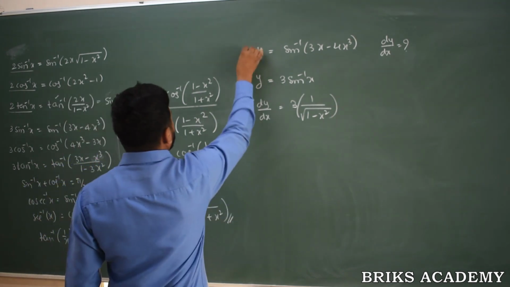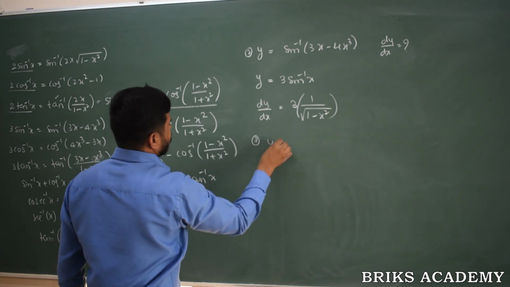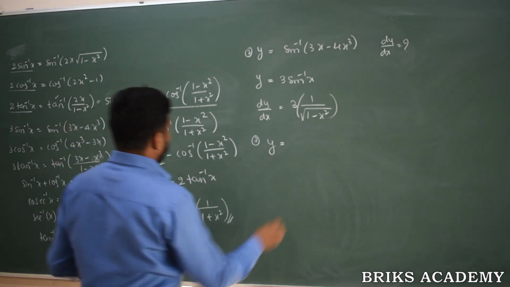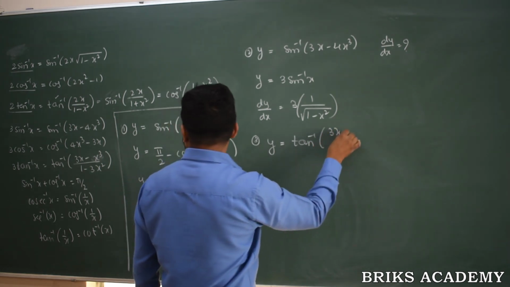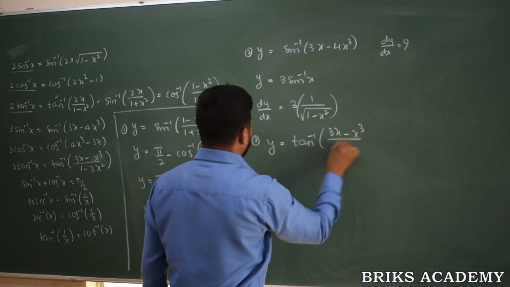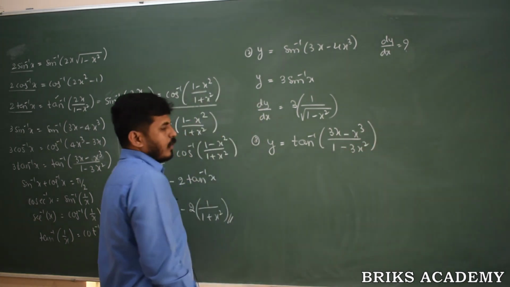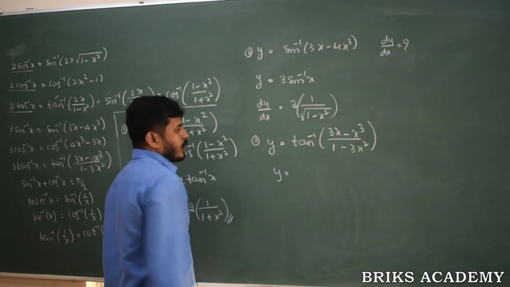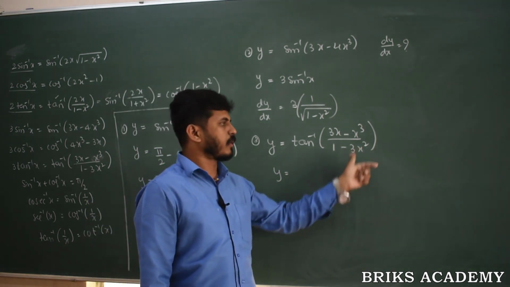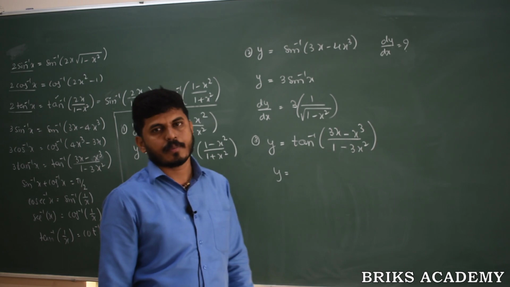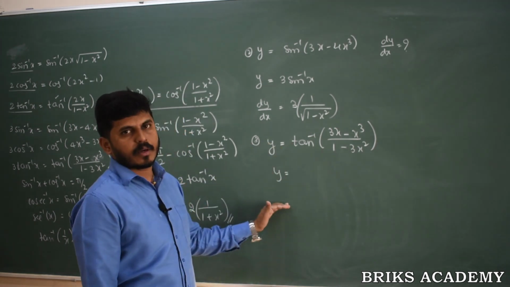Similarly, y is equal to, say, tan inverse of 3x minus x cube divided by 1 minus 3x square. Now don't think about the chain rule here. Tan inverse something gives 1 by 1 plus something square into differentiation of something and so on. First think about the inverse trigonometry, it is easy compared to that.